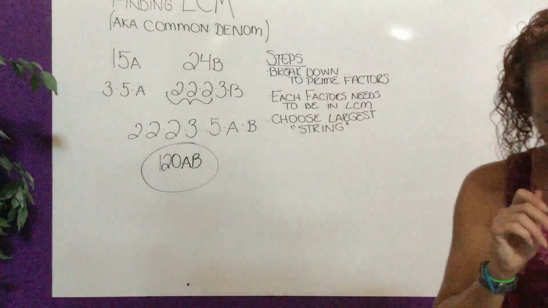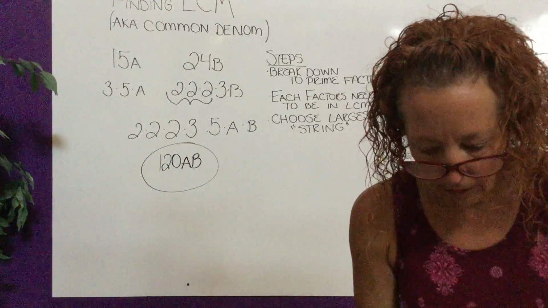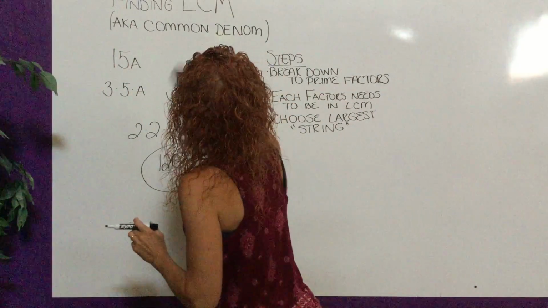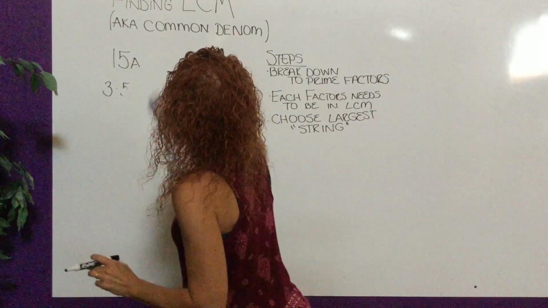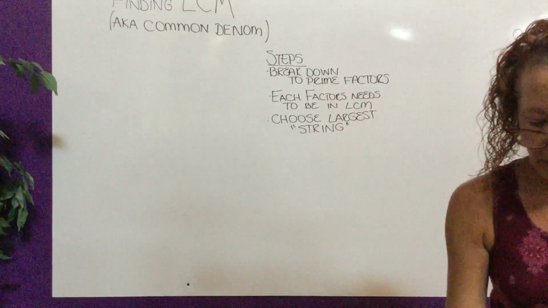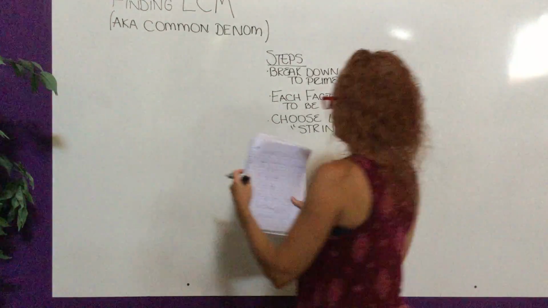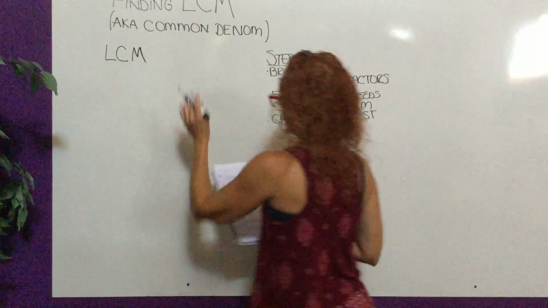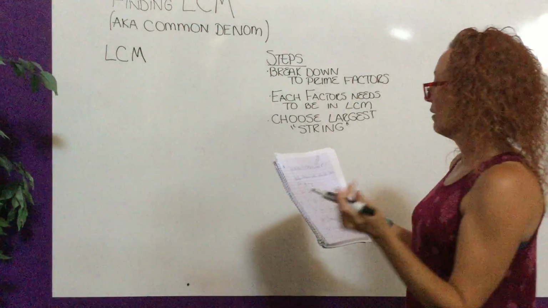That would be my LCM. Let's try this one more time, and we'll try it with trinomials this time, so you kind of see where we're headed with this as we go into 6.4. Sorry, I didn't write those instructions. It kind of says up there, find that LCM.